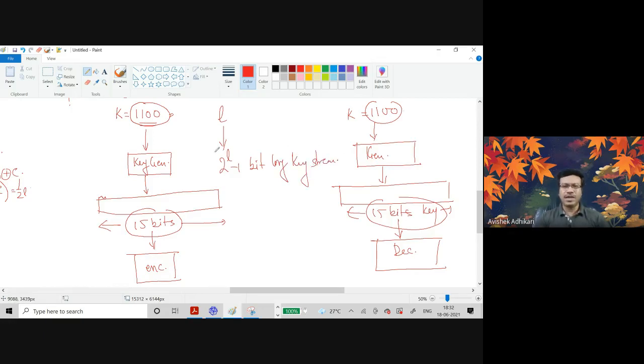Then it would be nice for you because you are sending only these L bits that are capable of generating almost random looking things, of length 2 to the power L minus 1. So you now can encrypt a 2 to the power L minus 1 bit long plain text message.